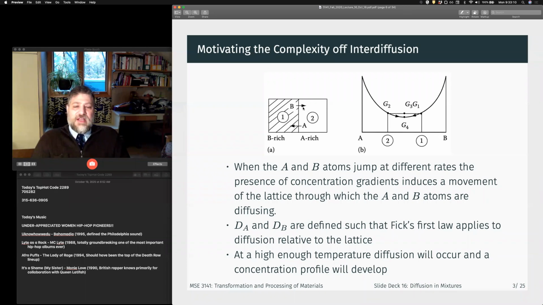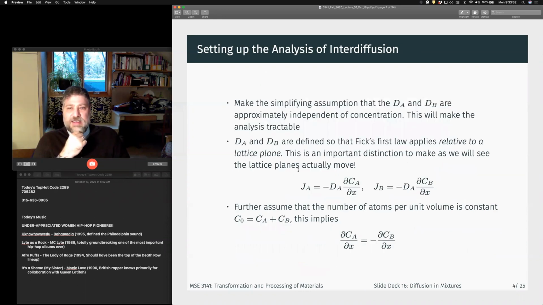So we have to account for not just A moving through the lattice and B moving through the lattice. We also have to think about what happens when our lattice moves through our sample. So these are all things that we're going to talk about in detail today.